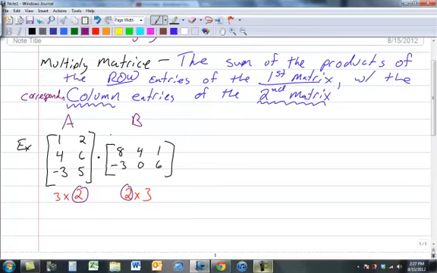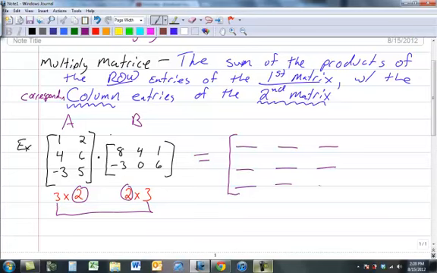Rather than saying that, the two inside numbers have to be the same. And then that means that our solution, our answer, is going to be a 3 by 3 matrix. So, since I know our answer is going to be a 3 by 3 matrix, I like to do this so I can see what my answer is going to be.